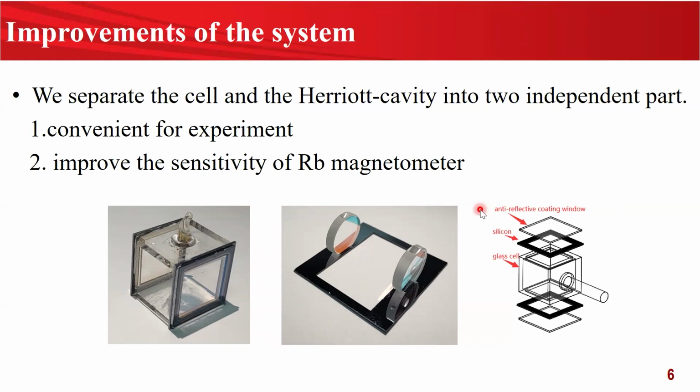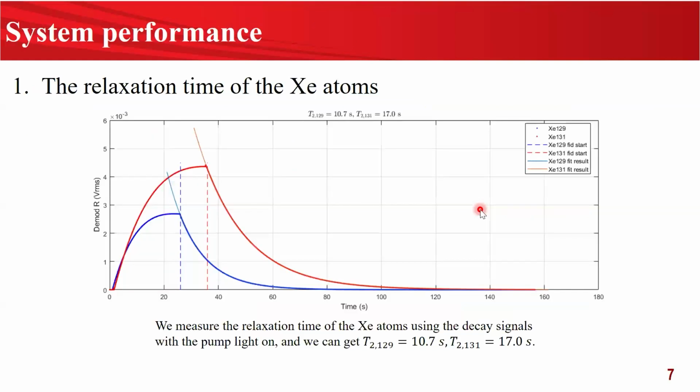And why is there a difference between the two isotopes?